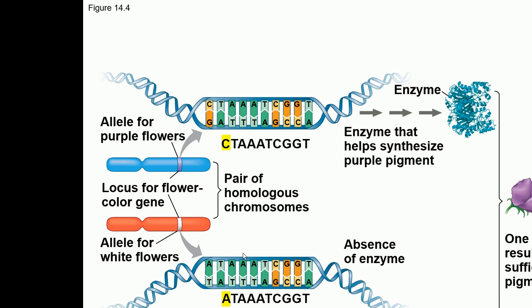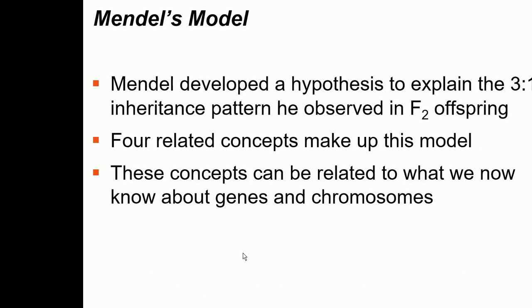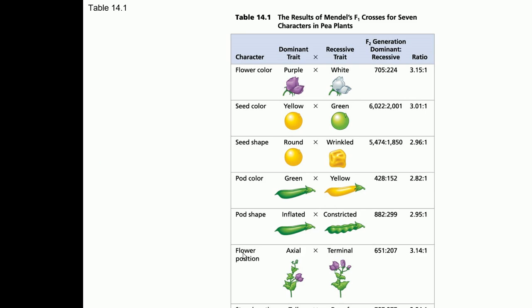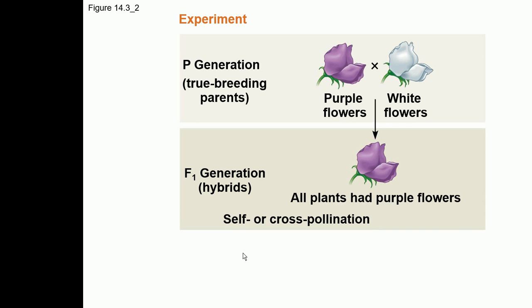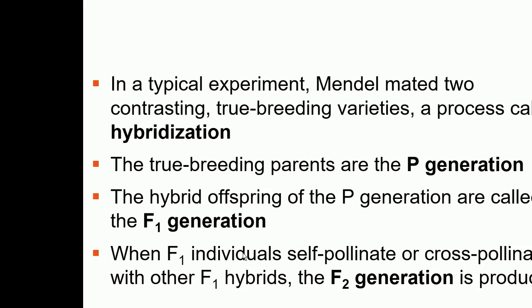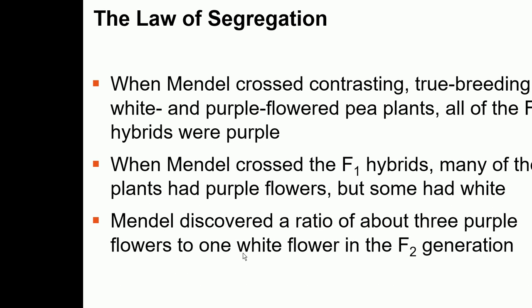Another important thing we need to know is that Mendel actually gave two laws from his monohybrid cross, and they are the law of segregation and the law of dominance. The law of dominance says that in the heterozygous situation, one of the alleles is dominant, another is recessive.